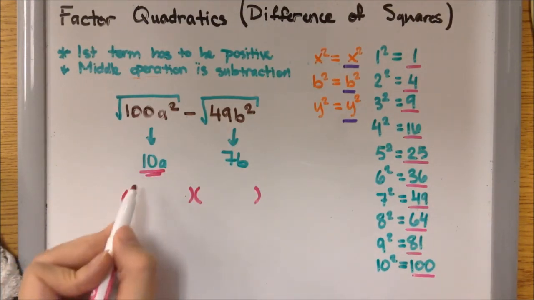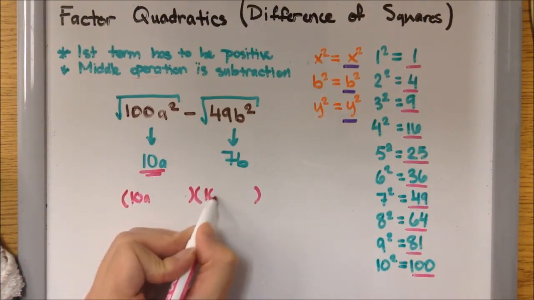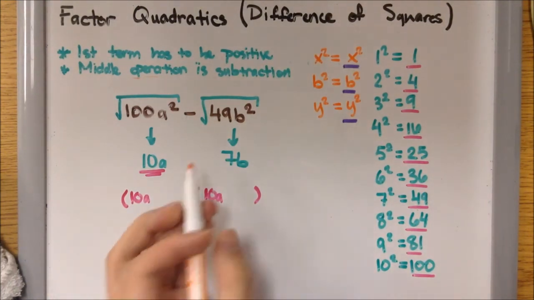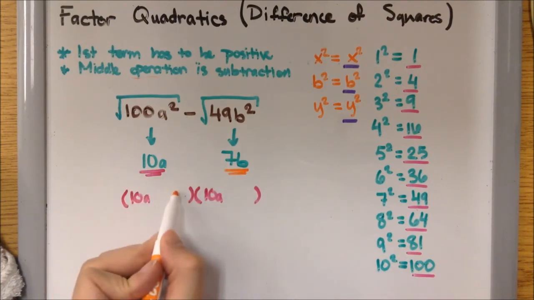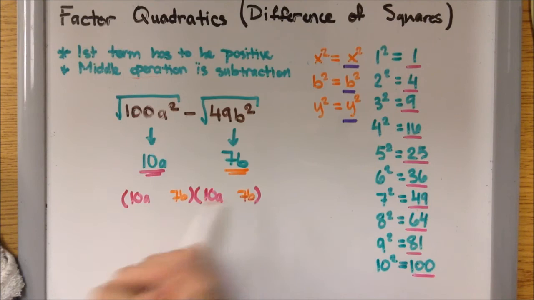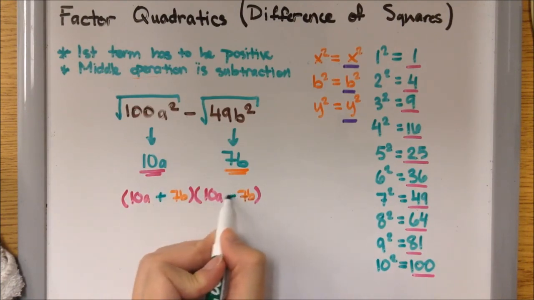Our first term, 10a, will be 10a here, and then 10a here. And then the last term, 7b, 7b here, and then 7b also here. Lastly, we're going to put plus here and then minus.